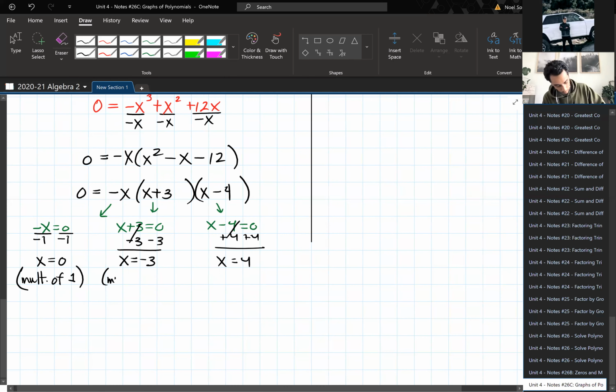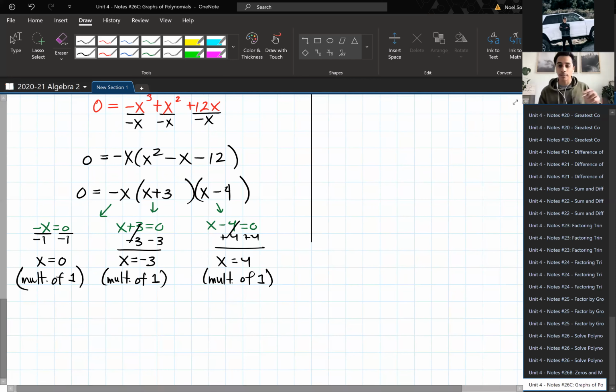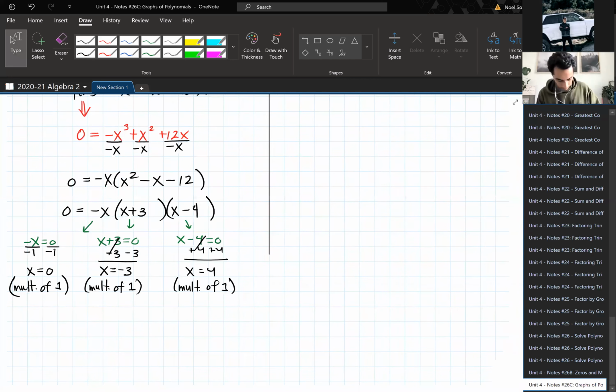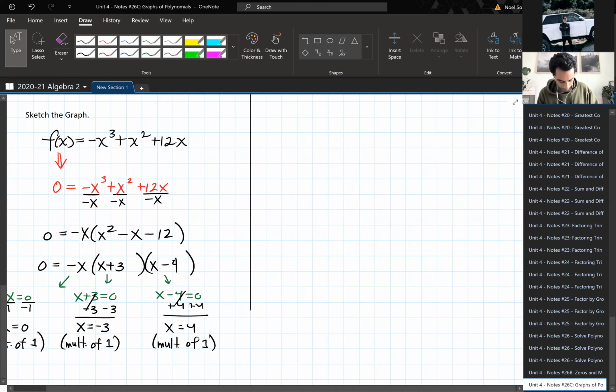It only shows up once as a solution, so they all have multiplicity of 1, which means odd multiplicity. Okay, so odd multiplicity at each intercept, that means it's going to cross at each intercept, right? So let's see what kind of graph we can sketch out here.